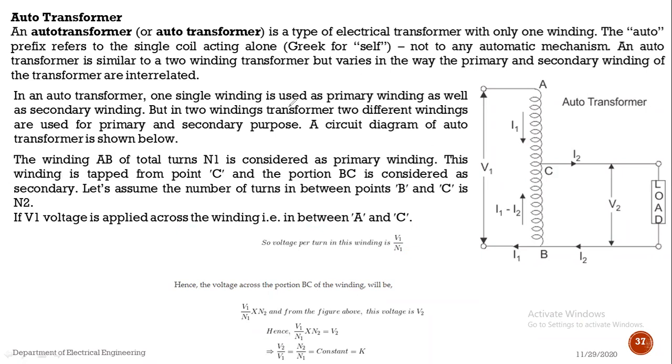See, a transformer of the same kVA rating. If I construct one transformer of the same kVA rating, that is a 2 winding transformer. Suppose this is a 2 winding transformer having a kVA rating of 1 kVA.